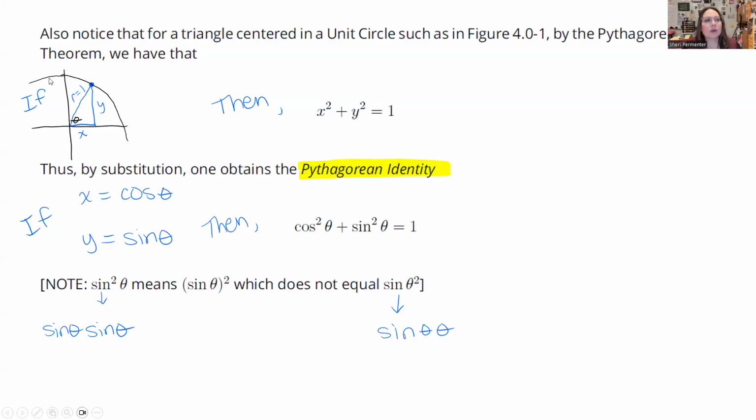So if we were talking about this angle right here, and we wanted to describe the tangent of that angle. Tangent is opposite over adjacent, right? So for this triangle, what would it be?